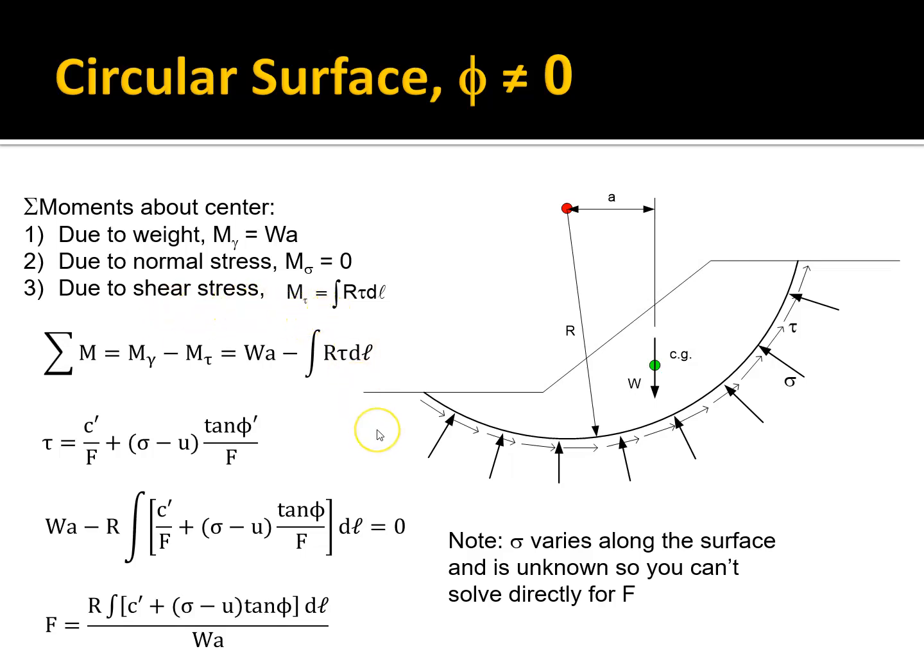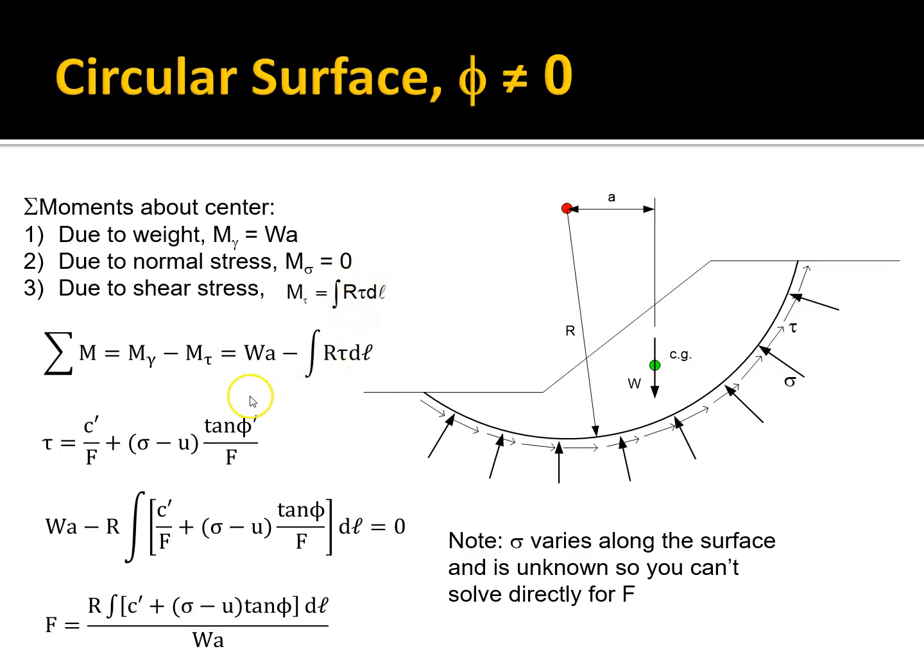Before, we just had undrained cohesion, which is constant. Now the shear strength varies along the length of the circle. It varies continuously, so we have to represent that as an integral: the moment arm R times the shear strength times dl.